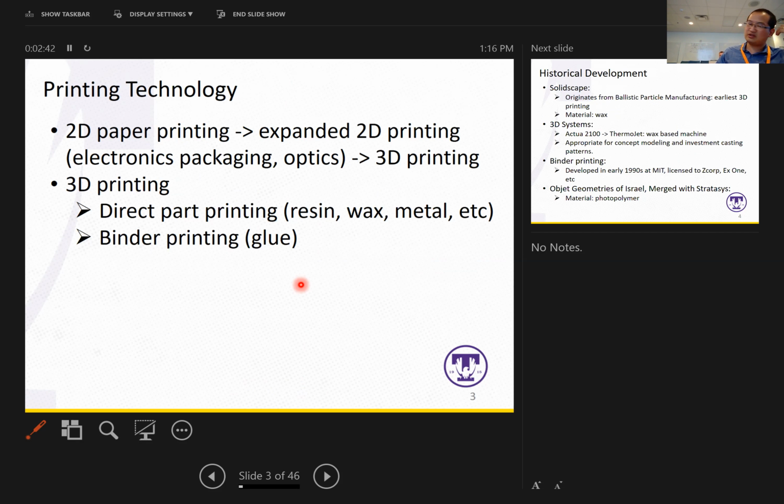There are a lot of different processes as we introduced. There's some direct part printing, where they use liquid resin, wax, metal, powder, and so on as either the printing material or the binding agent. Or they use glue to bind all the powder particles together.